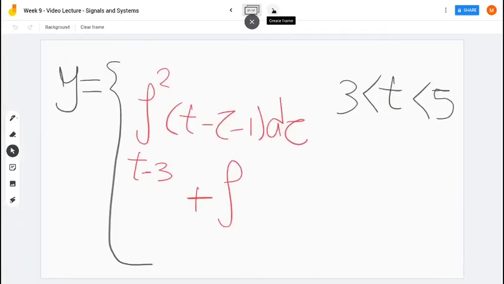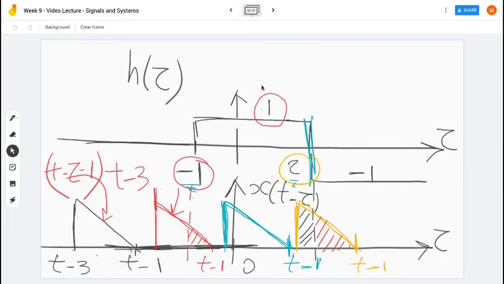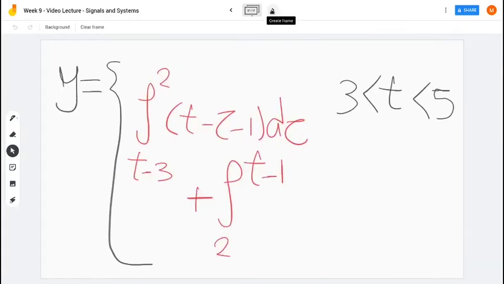So integration from 2 up to t minus 1, and now the function inside the integration is the same straight line, t minus tau minus 1, but multiplied by minus 1 in this case. So it's going to be minus t minus tau minus 1.